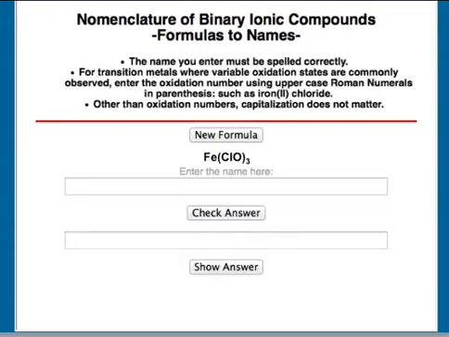Now this isn't chloride, is it? Chlorate is ClO3. This is bleach. This is hypochlorite. Hypochlorite.